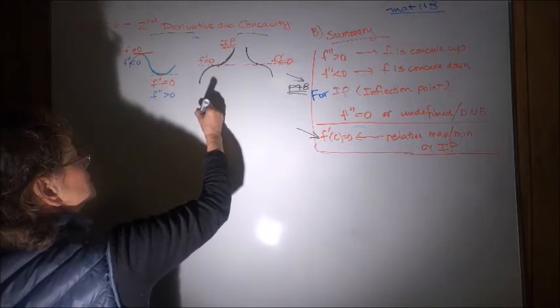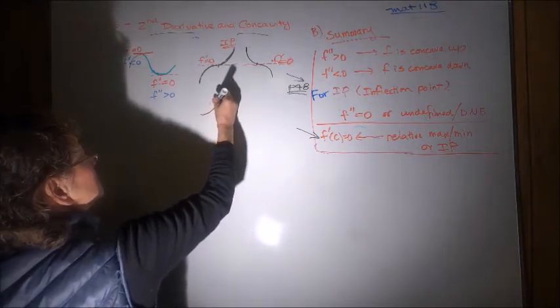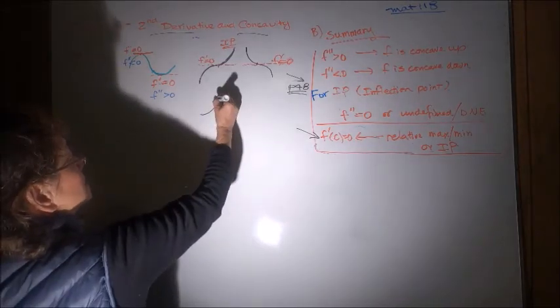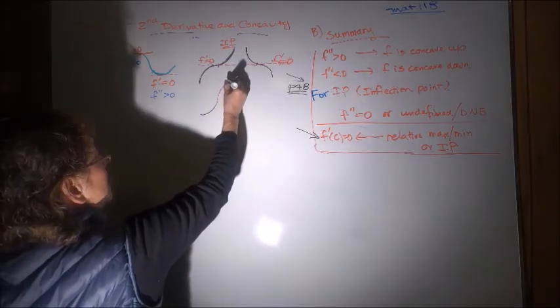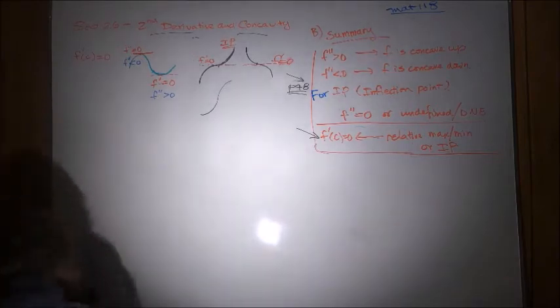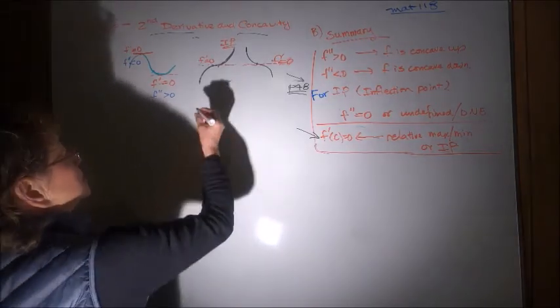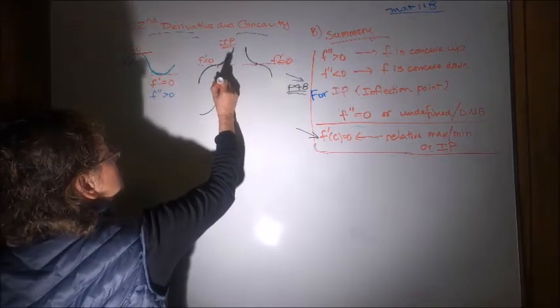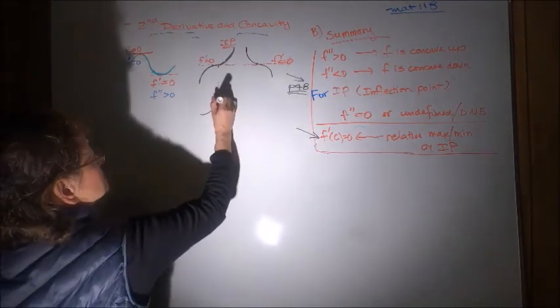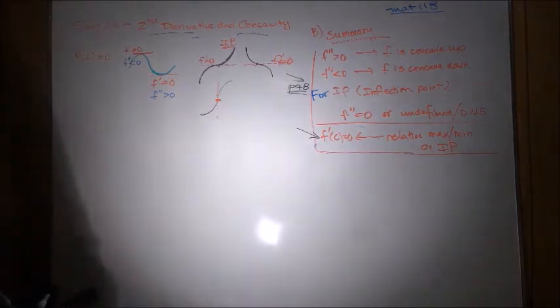So you have concave up, right? Then concave down. So it shoots up at the point here, then its tangent line is like this. Then here shoot it out will be like this. So this is your IP point.